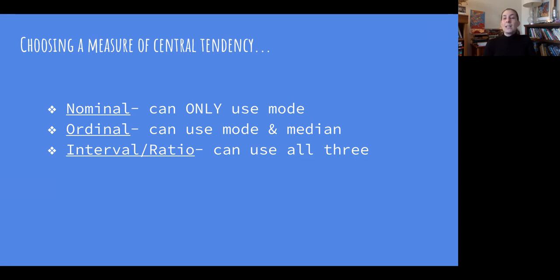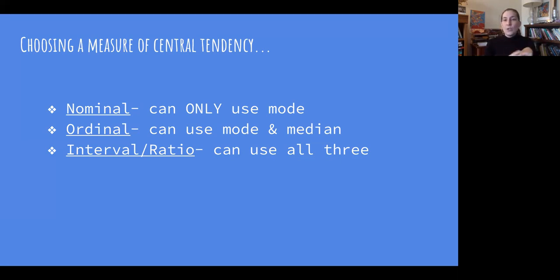Remember, you cannot do this with even something like attitudes and behaviors, right? Because if I'm looking at strongly disagree, disagree, neutral, agree, and strongly agree, I could assign a number to each of those, 1, 2, 3, 4, 5, and try to do some adding and dividing with that.